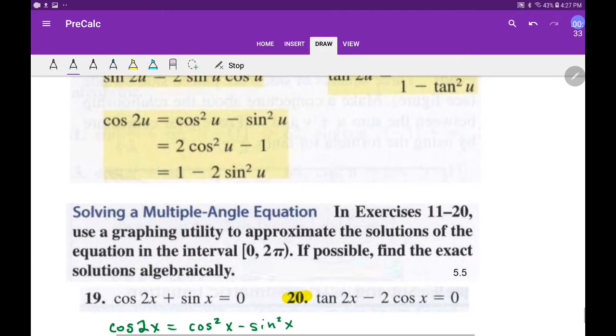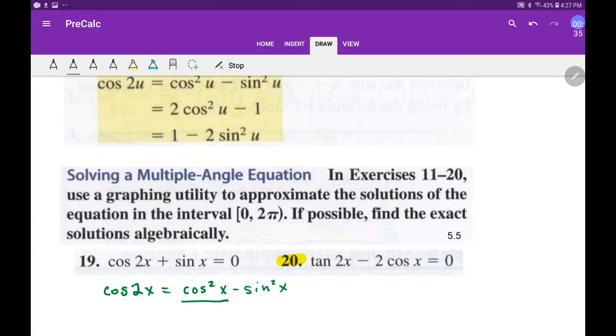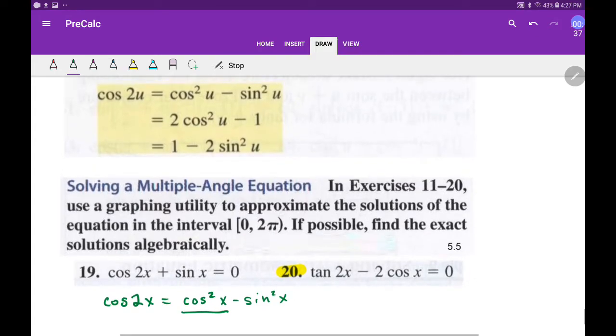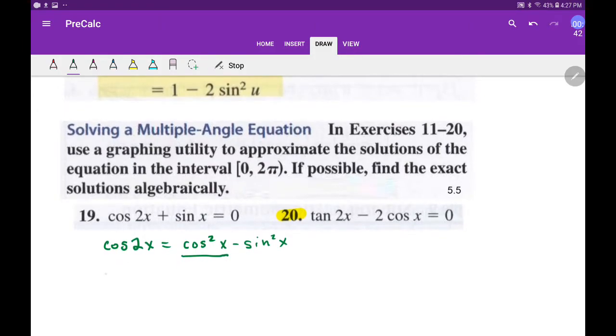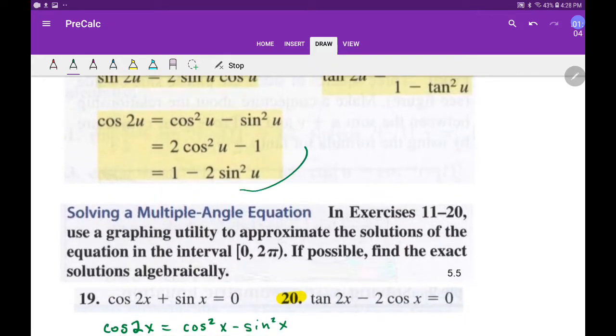But there are some other formats that might be more useful to us, and the other format I'm talking about is this one on the bottom. So instead of saying cosine 2x is equal to cosine squared x minus sine squared x, I'm going to say 1 minus 2 sine squared x plus sine x is equal to 0. And that'll save me a step if I wanted to remember these other two.